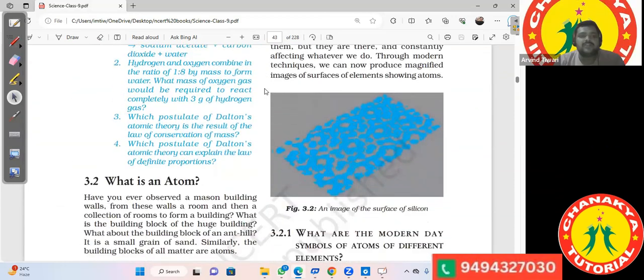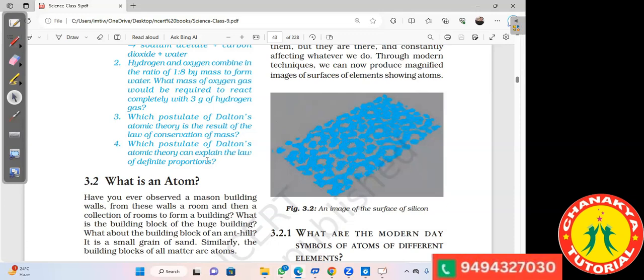Okay, you see the last question. Which postulate of Dalton's atomic theory is the result of law of conservation of mass? Out of all the 6 postulates, which postulate is the result of law of conservation of mass? Just read all the 6 points.